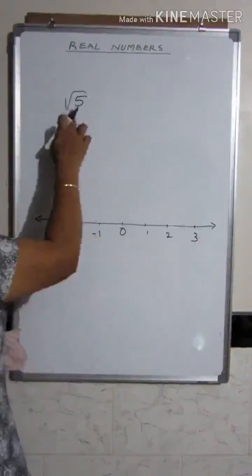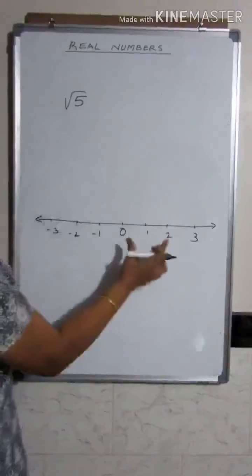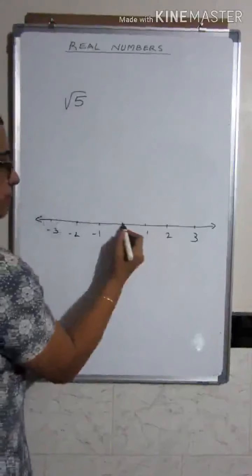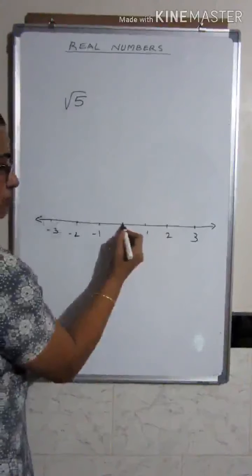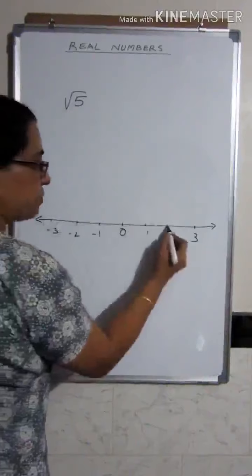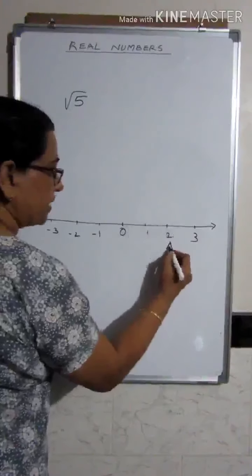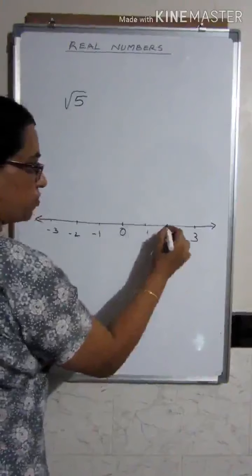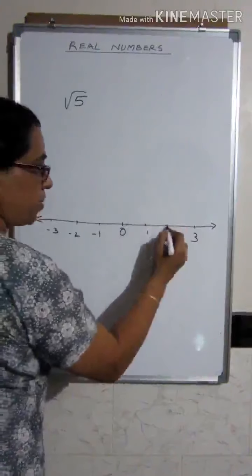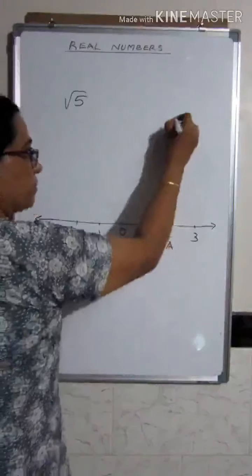Now from the point O, that is 0, mark a point at a distance of 2 centimeters and name that point A. At the point A draw a perpendicular.